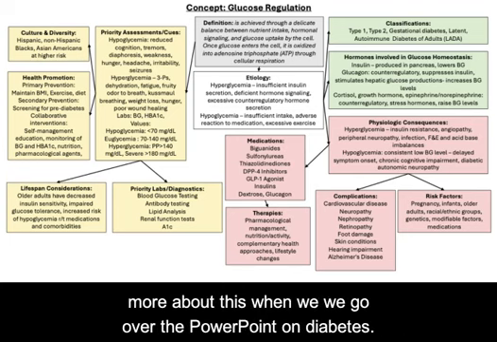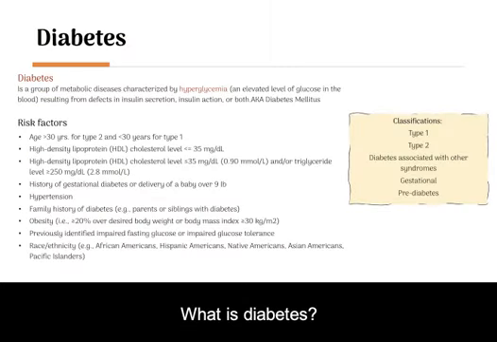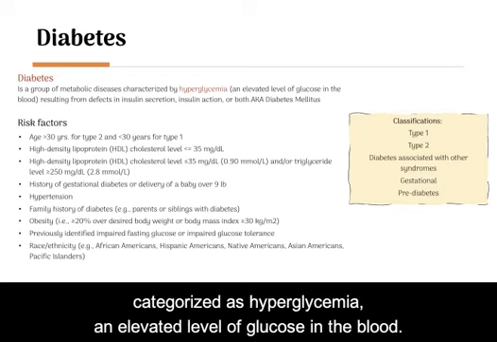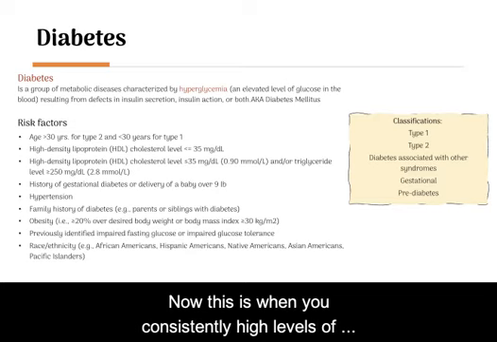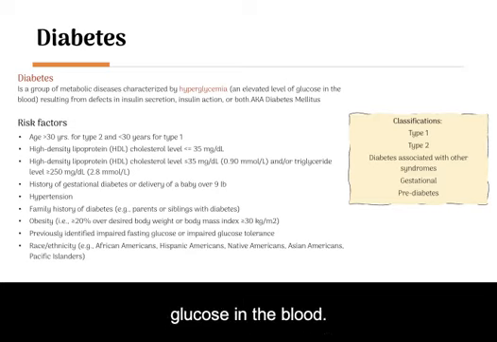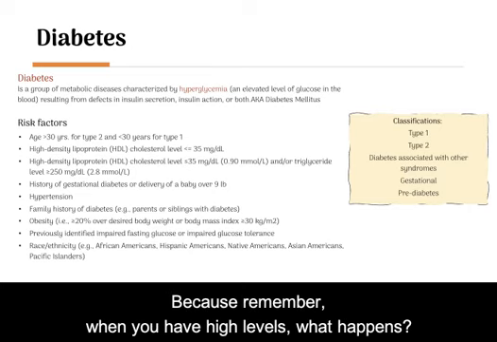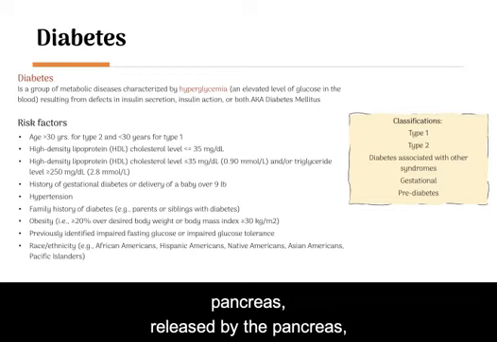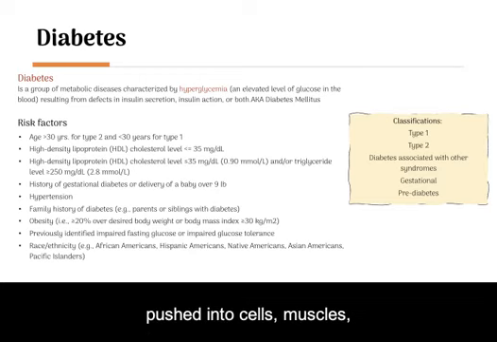What is diabetes? It's basically a group of metabolic diseases categorized as hyperglycemia, an elevated level of glucose in the blood. Now, this is when you have consistently high levels of glucose in the blood. Because remember, when you have high levels, what happens? The insulin is produced by the pancreas, released by the pancreas, pushed into cells, muscles, adipose tissues, and the liver.